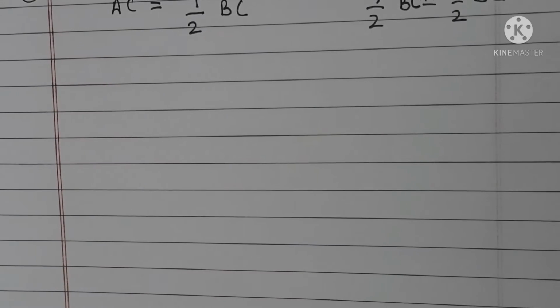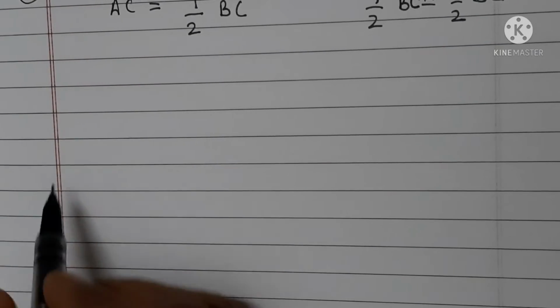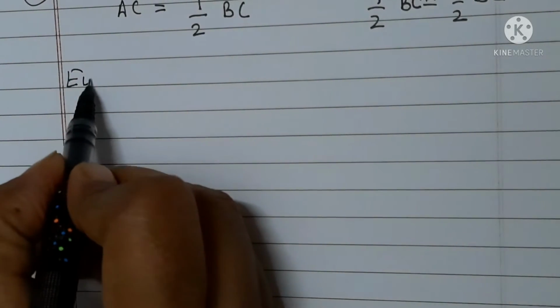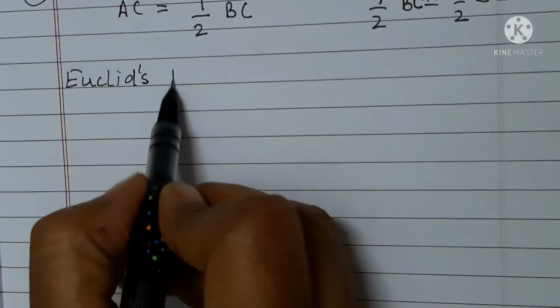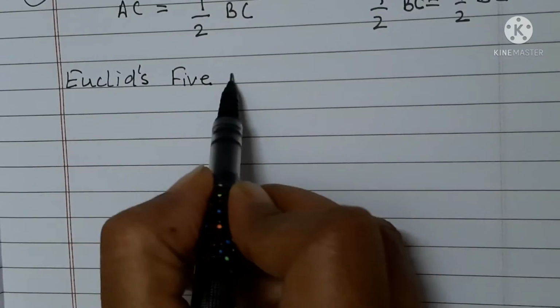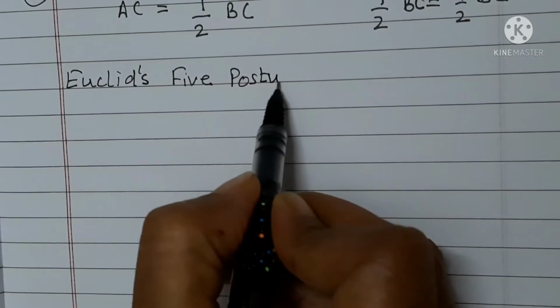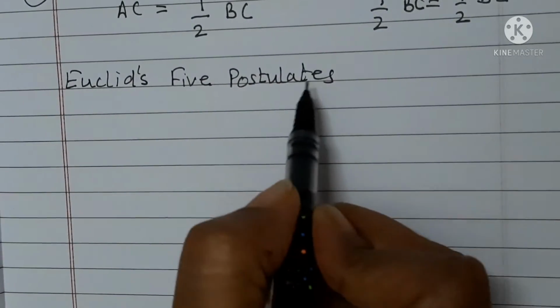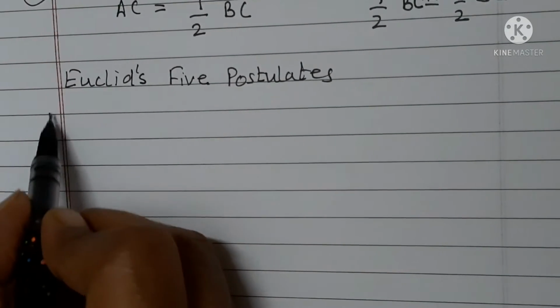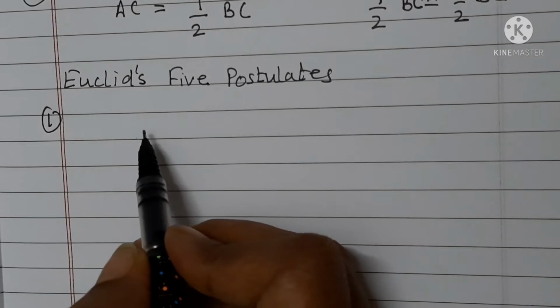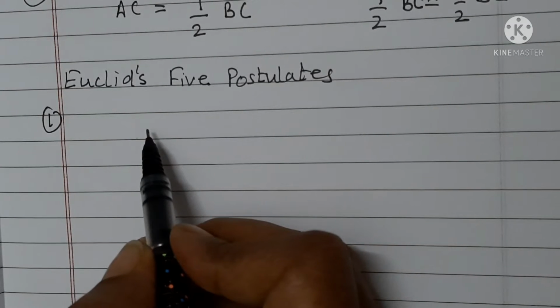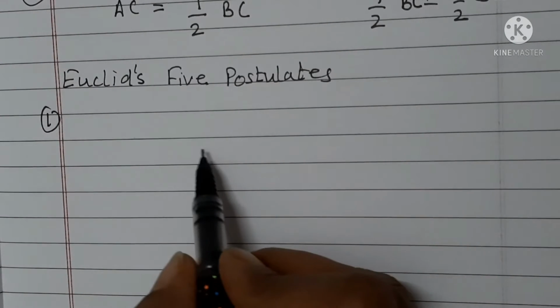Now come to the postulates. Here are Euclid's 5 postulates. Number 1, a straight line may be drawn from any one point to any other point.